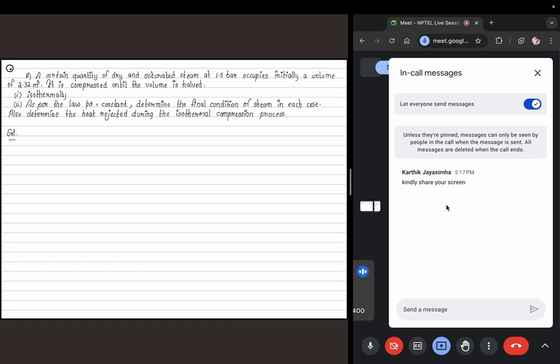So how do I determine the final condition of the steam? The initial condition is given, the pressure is 1.5 bar. Just to not confuse the specific volume and total volume, I'm putting this extra horizontal line. The initial volume is 2.32, and initially it is in the saturated phase, so I can calculate the specific volume directly from the steam tables.